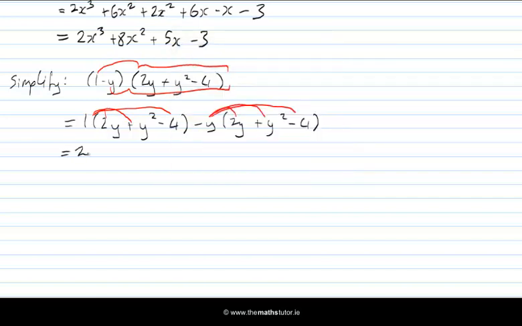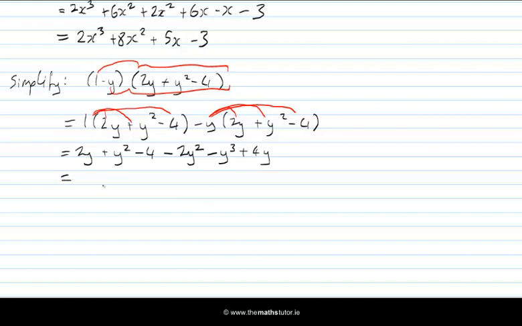So I have 2y plus y squared minus 4, and a minus 2y squared, that's the minus y times the 2y, and a minus y cubed, and a plus 4y.